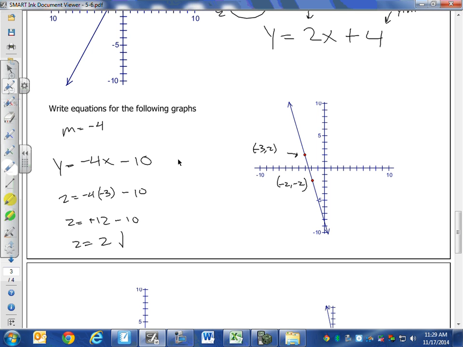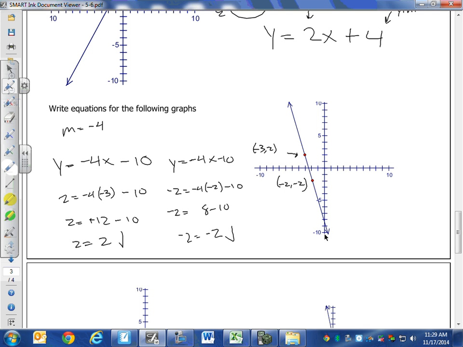Let's see the other one. Y equals -4x minus 10. I got -2, -2. I got -2 equals -4 times -2 minus 10. -2 is equal to positive 8 minus 10. -2 equals -2. We got it.